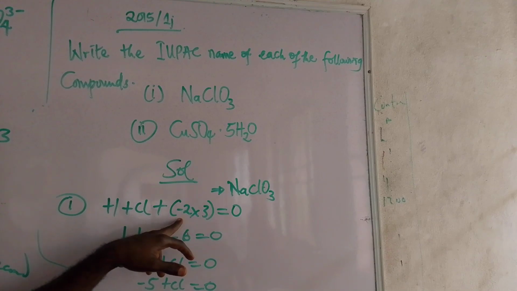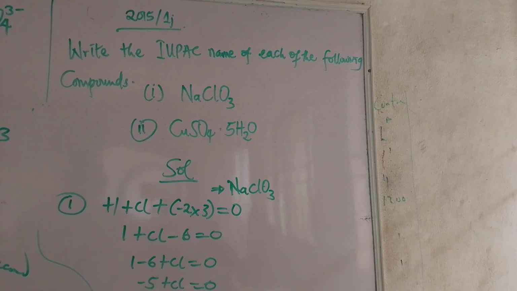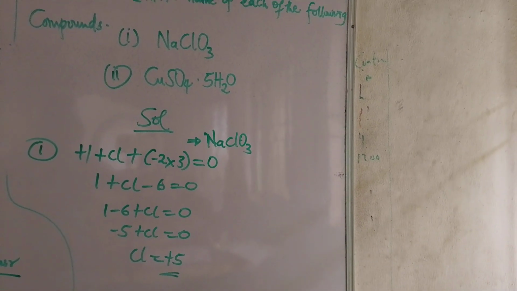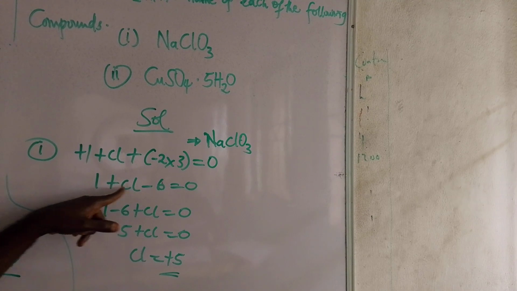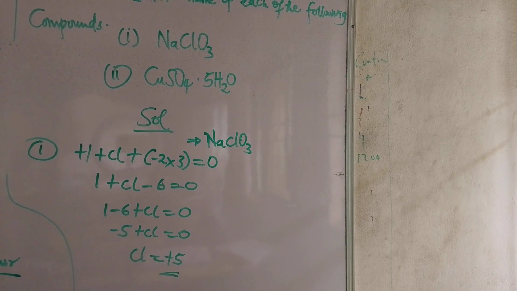Oxygen is -2, then it is equal to 0. From there, what do we do? From there, we can say 1 plus Cl minus 6. And you're going to get Cl to be equal to 5. Primary school mathematics. You get chlorine to be 5.